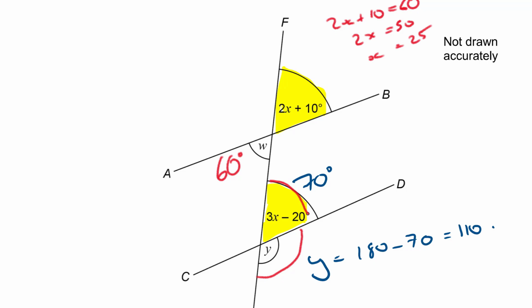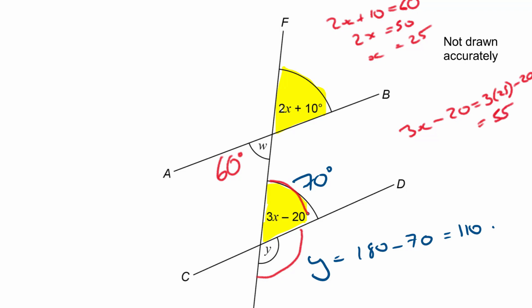Okay, so if x is 25, then 3x minus 20 is equal to 3 lots of 25 minus 20. 3 25s are 75, take away 20 is 55.